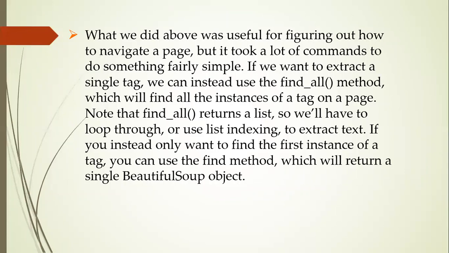Note that find_all() returns a list, so we will have to loop through or use indexing to extract text. If you instead only want to find the first instance of a tag, you can use the find() method, which will return a single BeautifulSoup object.